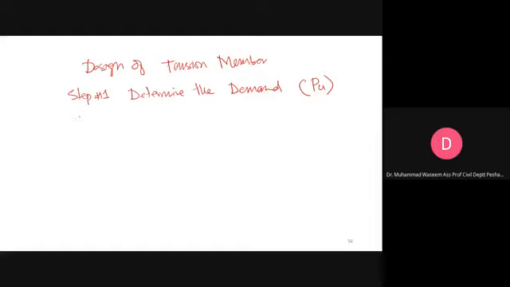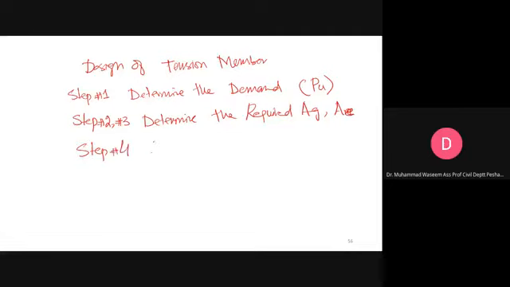The second step and the third step is to determine the required gross and net area or effective area. The fourth step, select a cross section, okay, and check.